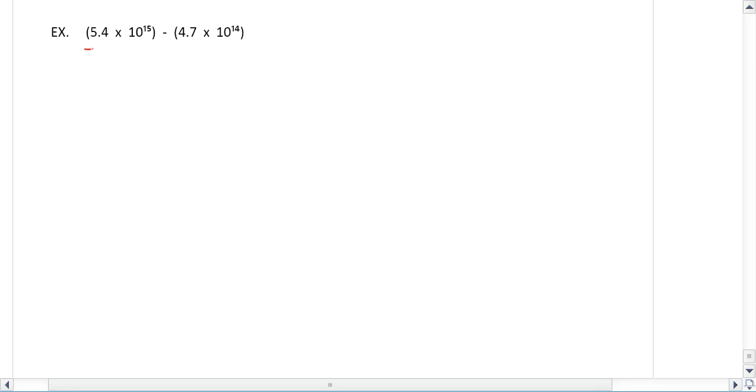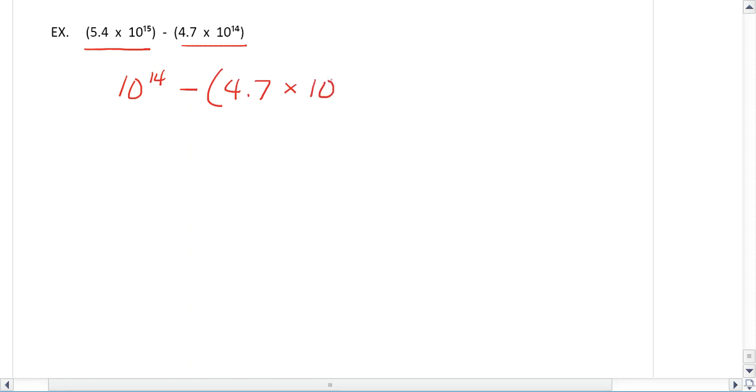You could adjust this number so that you had an exponent of 14, and then you could leave this one alone. Or you could change the second number to have an exponent of 15, and then they both would. So there is no wrong way. You can do it either way, and then you just adjust your answer as needed in the end so that you have your answer in correct scientific notation.